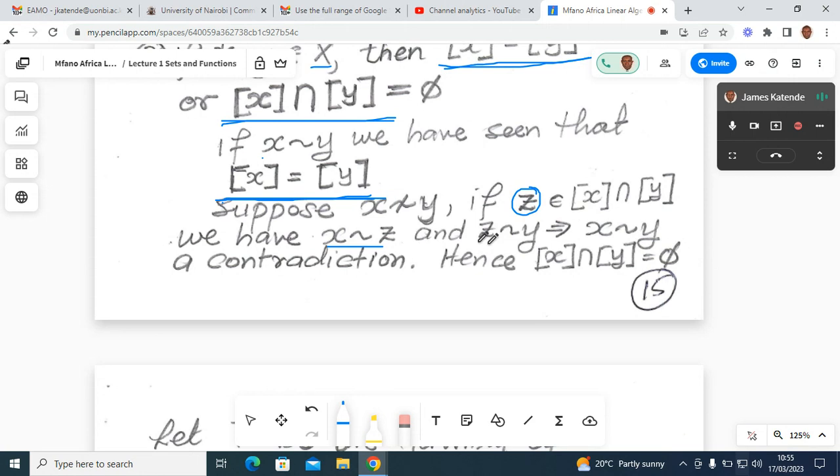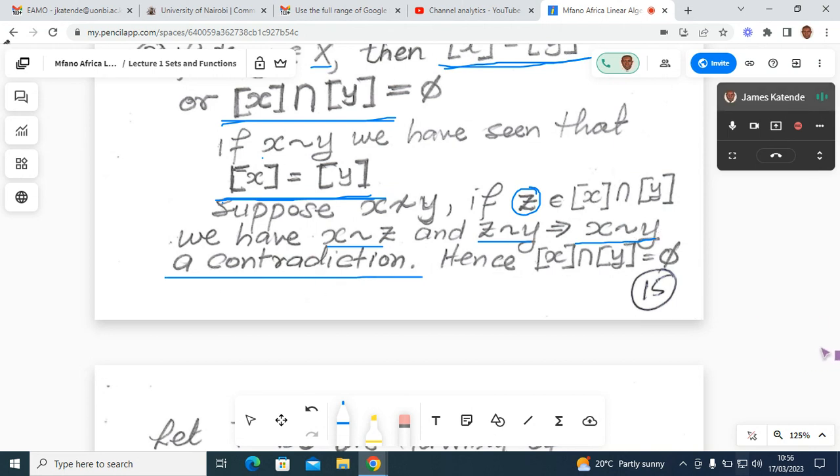So these two statements are true. But applying the transitive property of an equivalence relation, these two being true at the same time implies that x and y are related. But that is a contradiction.